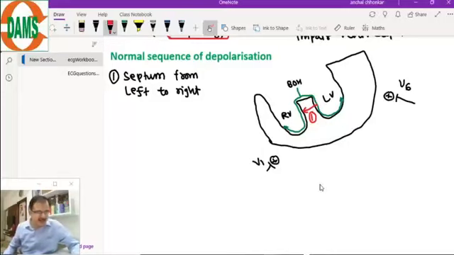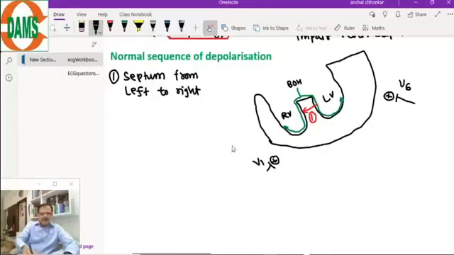So in V1, the ECG needle will be at the baseline. Default position is the baseline till it detects any current or any movement of the charges. Number one event of ventricle depolarization will be seen in V1 as a positive deflection.